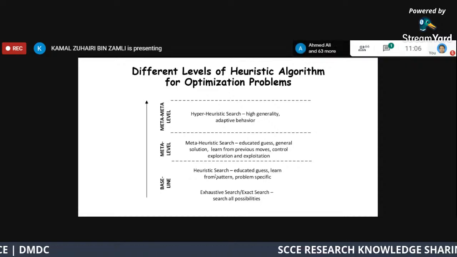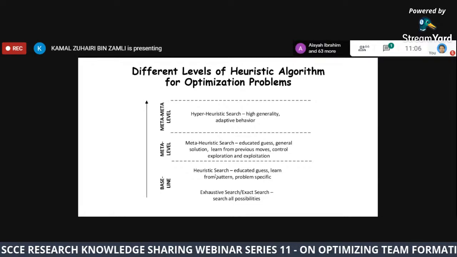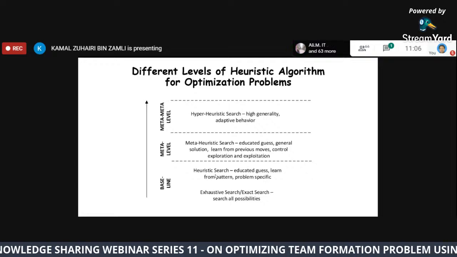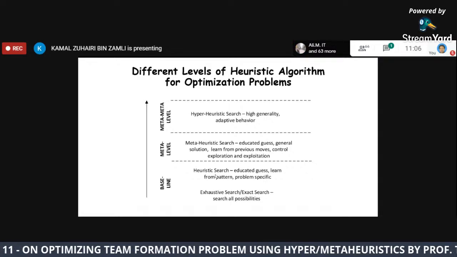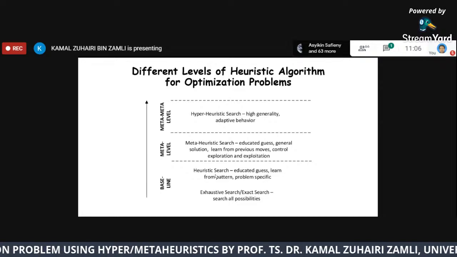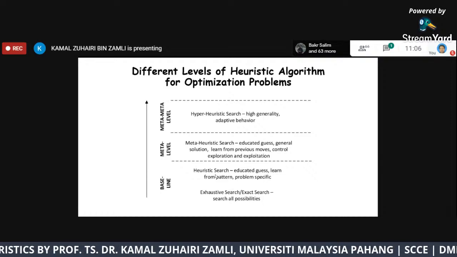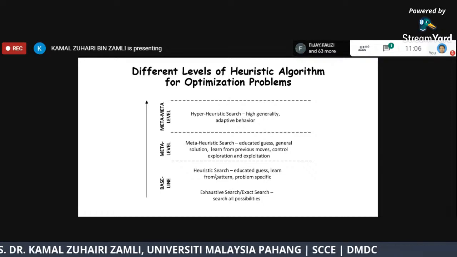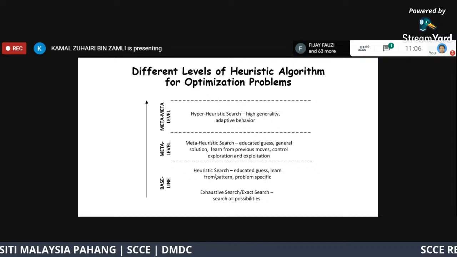And then people came up with hyper-heuristic, which is actually meta of meta-heuristic. Exactly, hyper-heuristic manipulates meta-heuristic to do the search. In other words, you have a different layer: the controller of meta-heuristic is hyper-heuristic.